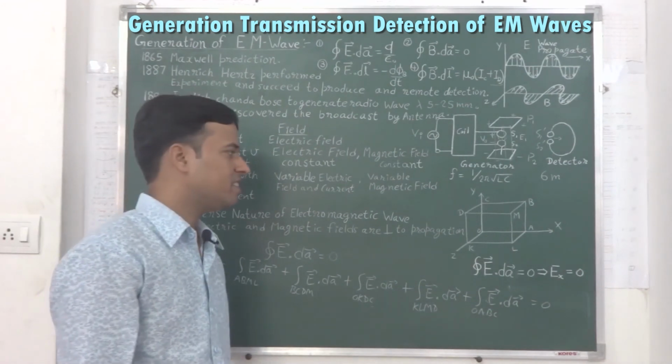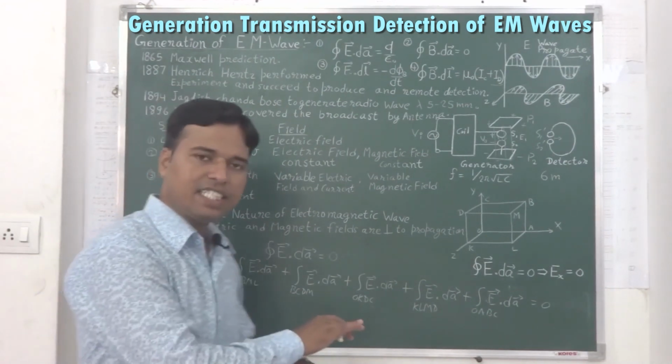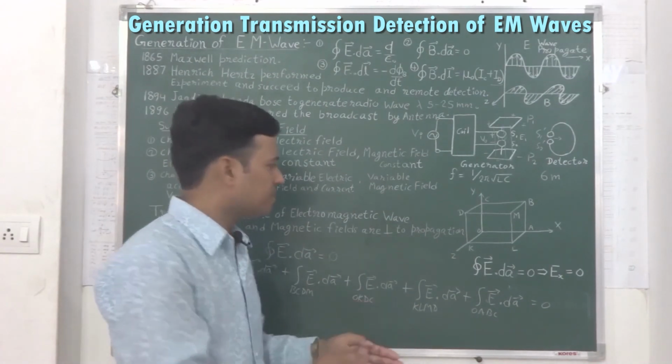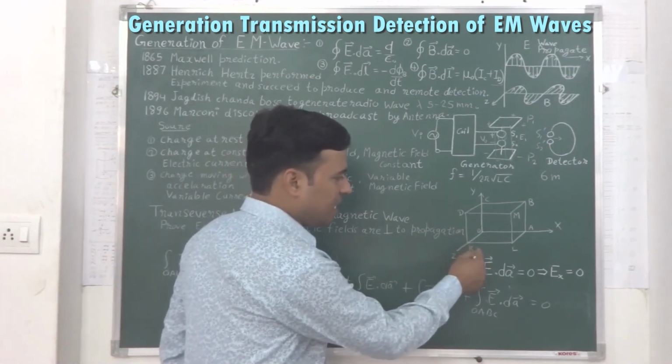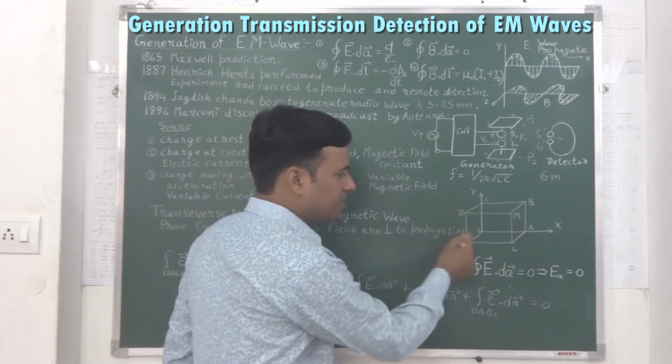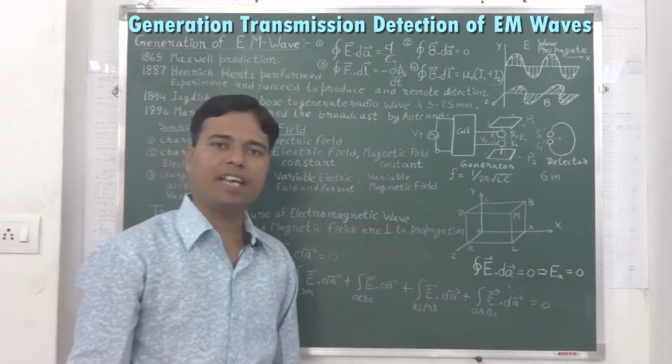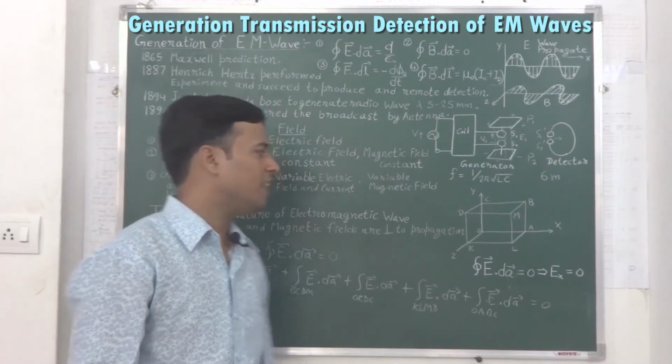So dear students, if there is change in z direction, these two faces KLMD and OABC will have the same electric field value.